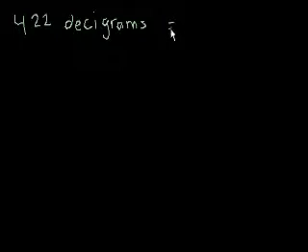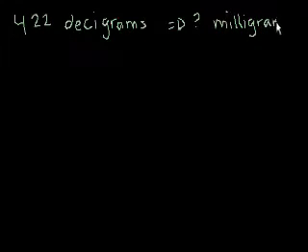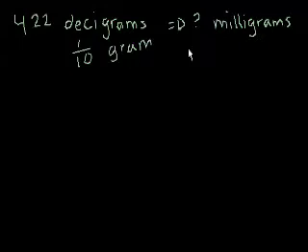And I want to convert this into milligrams. So before we start the problem, let's just do a reality check. Am I going from a bigger unit to a smaller unit, or a small unit to a bigger unit? Well, decigrams, that's 1/10 of a gram. And I'm going to 1/1000th of a gram.